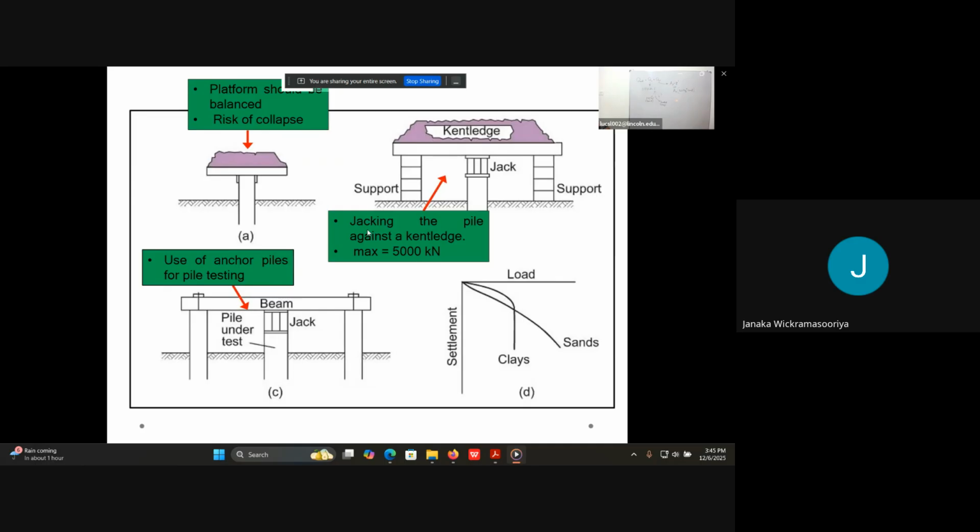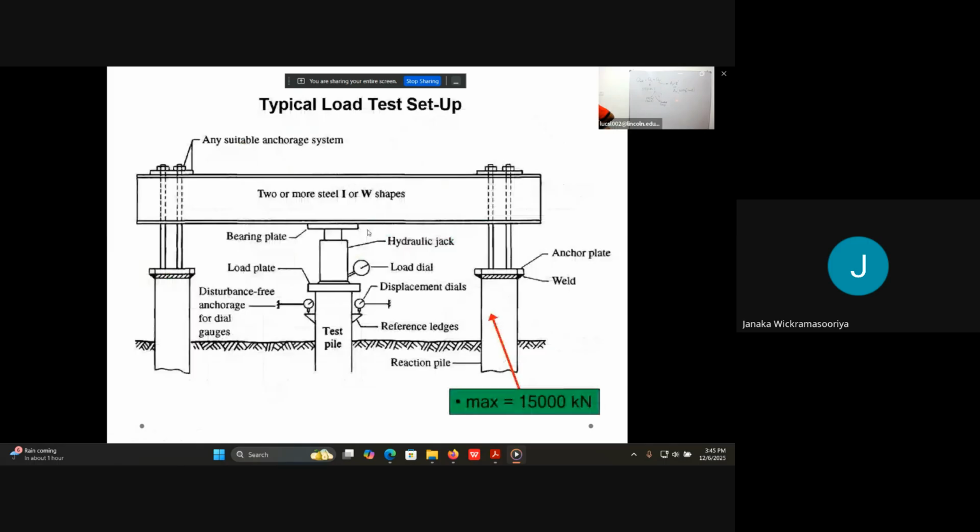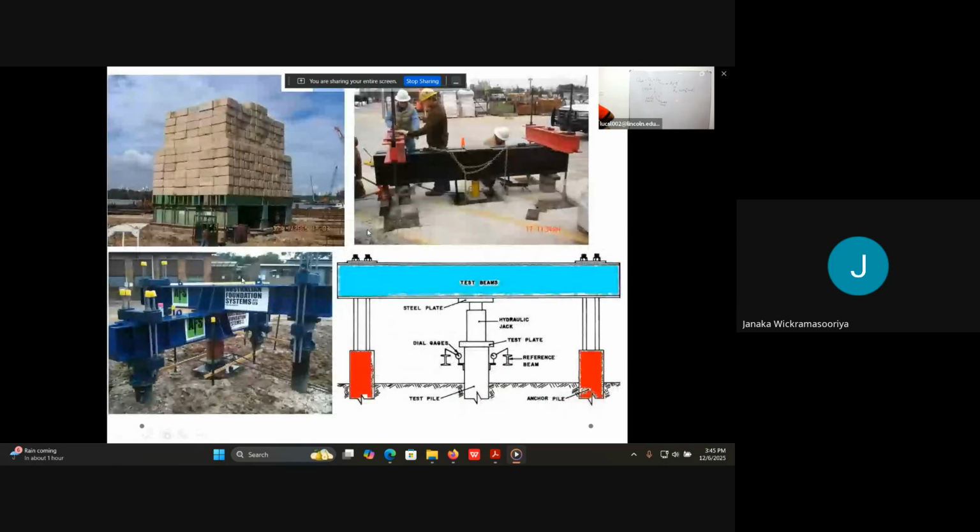They apply a load from the top, and the maximum load is being captured. So you can see the photographs here. On the pile, the load is applied.